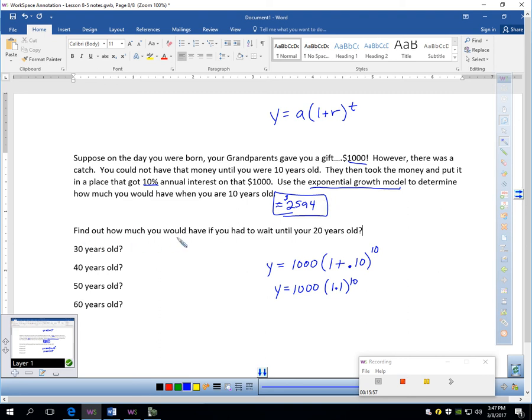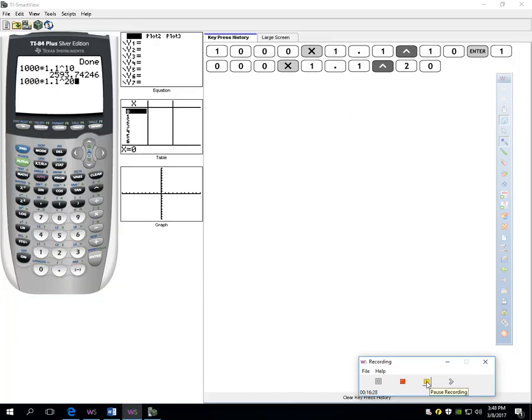Let's figure out how much you would have if you waited until age 20 to get your money. So for that, you'd take 1,000 times 1.1, because it's 1 plus the 10%. This time we're going to do 20th power. Let's type that in our calculator. You can see that I've done that here.